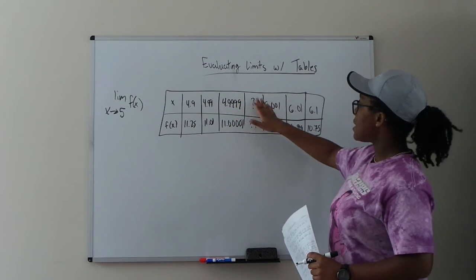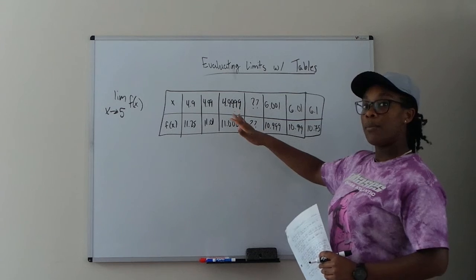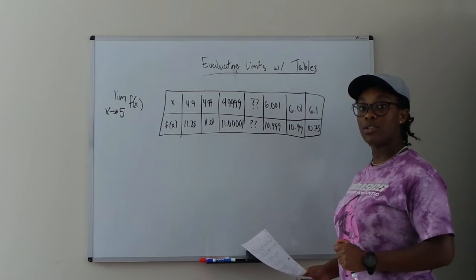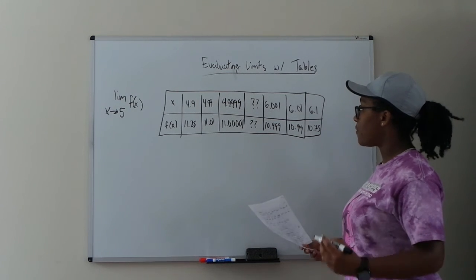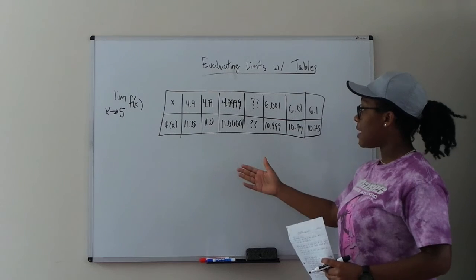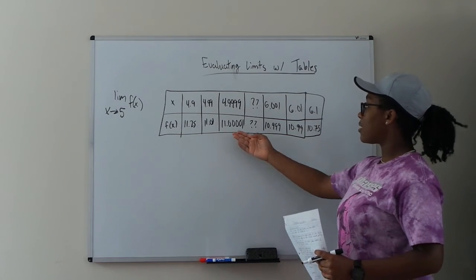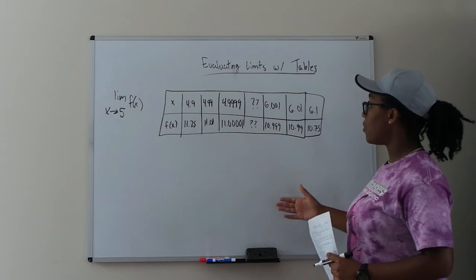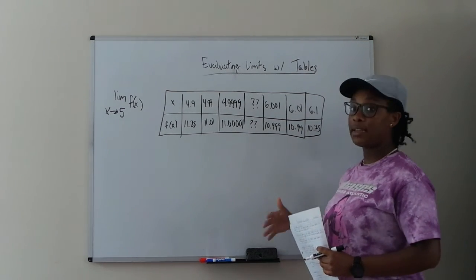It doesn't really get to the 5, because sometimes you're just going to get a table and you're not going to actually know what the specific value for that function is. You're going to have to infer what the behavior of the function is telling you that value should be really, really close to. And so this is really a good example to illustrate what the idea of a limit is.